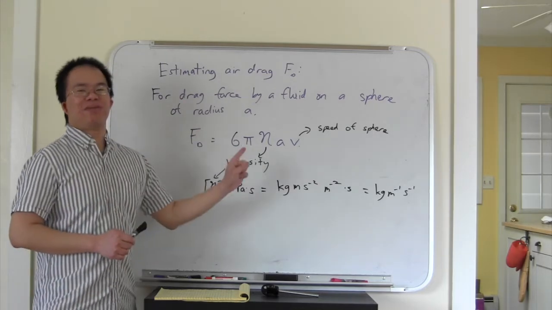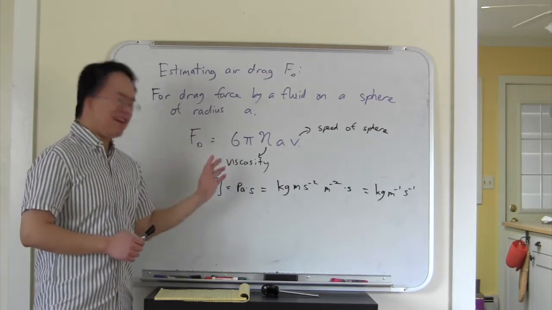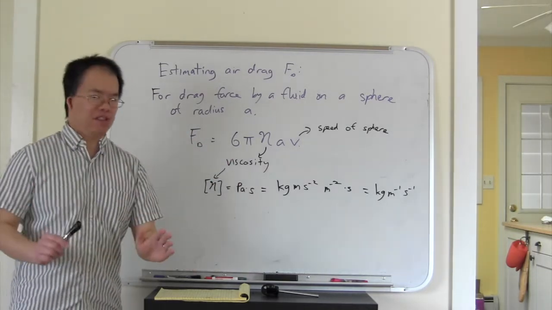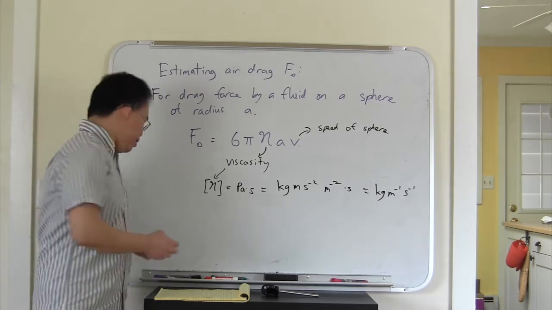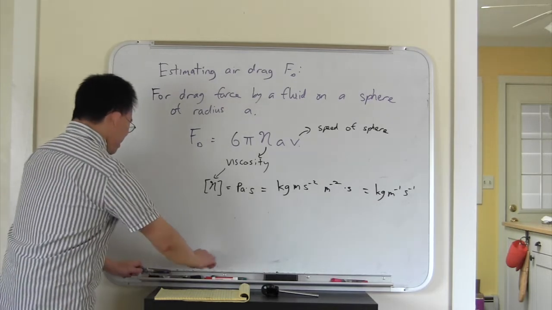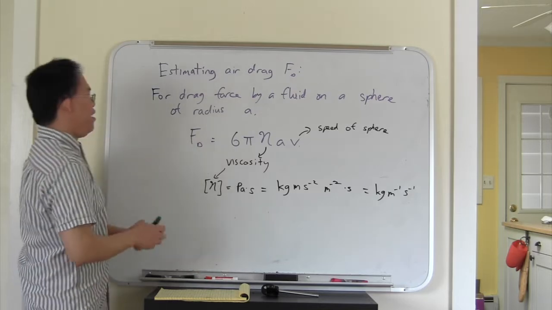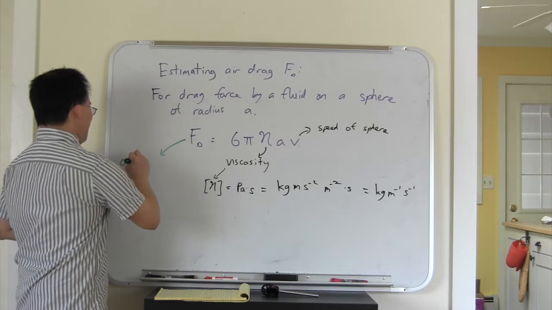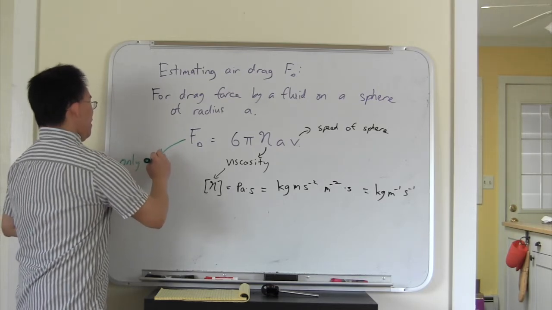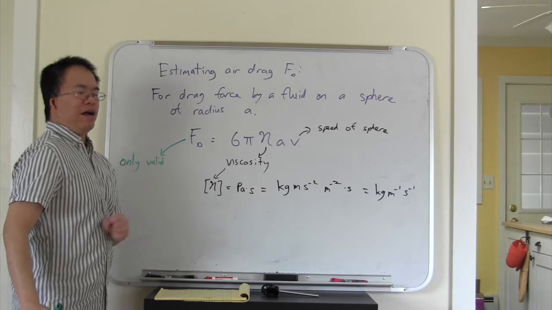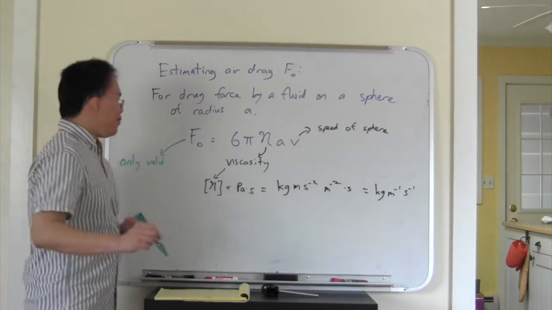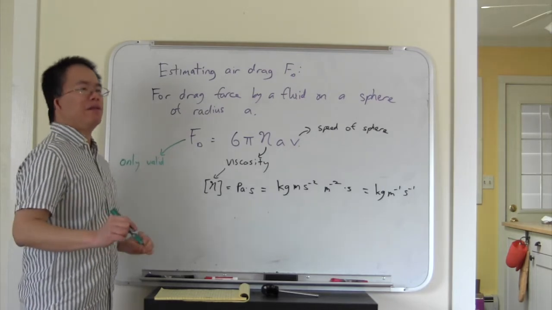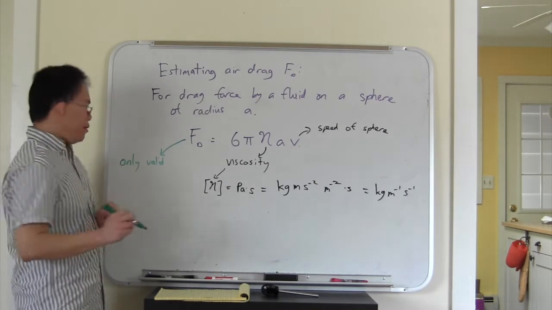The other way in which we should take this equation with a grain of salt is that in some sense it's flat out wrong for the situation we're talking about. This is not obvious, but it turns out that this is only valid for several things that have to be true. The speed of the fluid has to be slow.